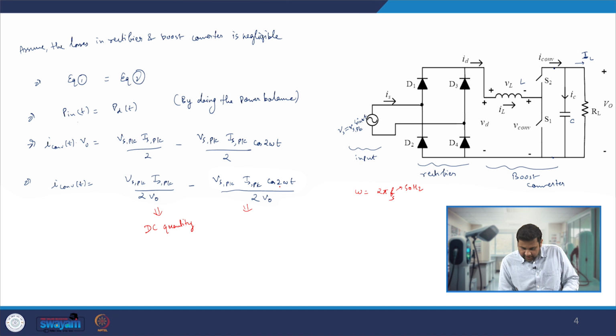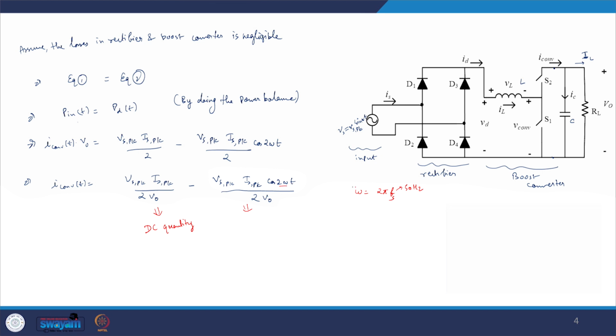Since this particular expression has 2 omega variation, cos 2 omega t, we have twice the frequency of what we have given in the input. So that's why this particular current has the component which is having the second line harmonic frequency.